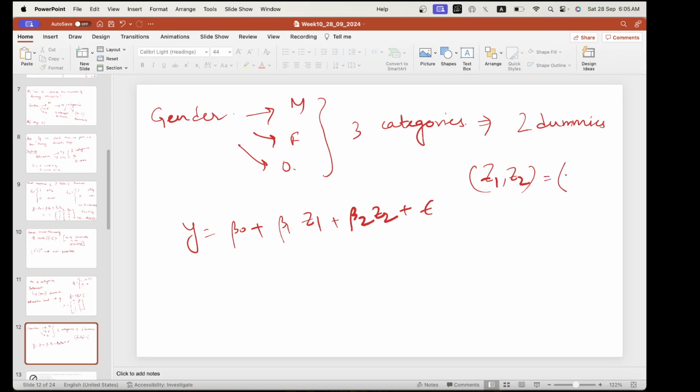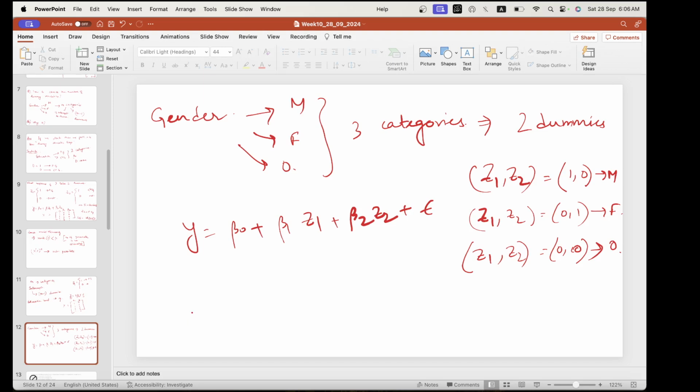If we had, let's say, 1 0, that means males. If we have z1 z2 as 0 1, then that would imply female. And if z1 z2 is actually 0 0, then this category stands for the other gender that we were talking about.